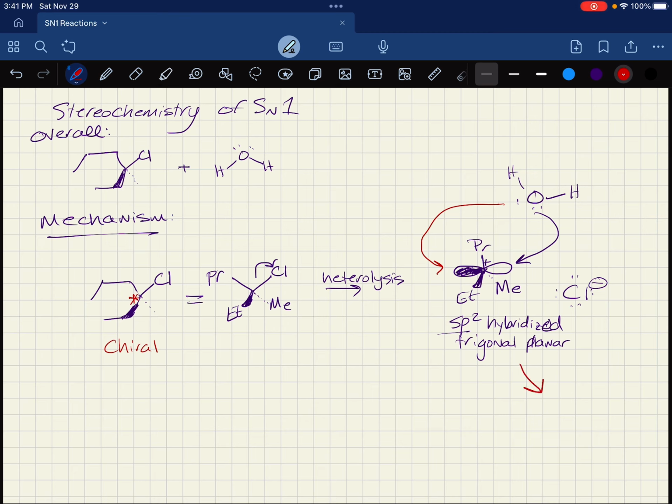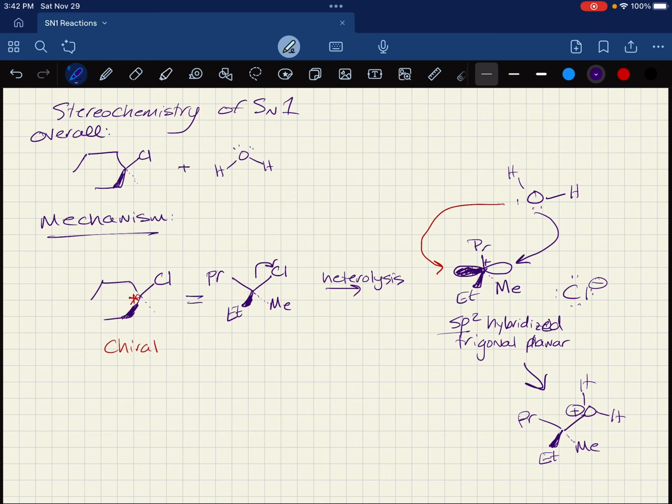If the water attacks from the right side here, we're going to end up with the water to the right. The methyl down here, the ethyl here, and the propyl here.